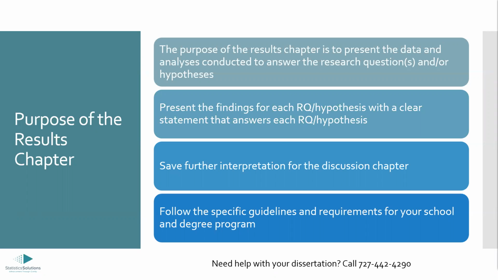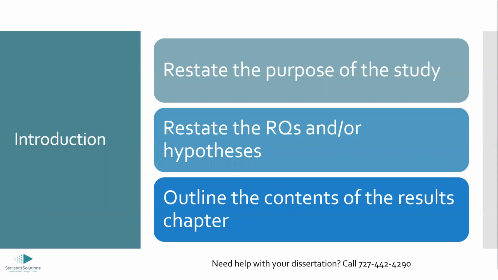And like most chapters of the dissertation, the results chapter will begin with an introduction where you reorient your reader to the purpose of the study and the research questions. So you can start by just restating your purpose or your problem statement.